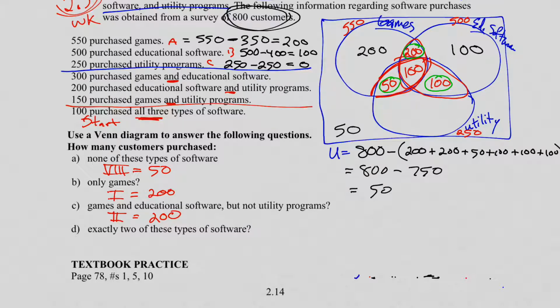Those are exactly 2 between those 3. So we have region 2 plus region 4 plus region 6, and that is 200 plus 50 plus 100, which is 350. Okay, 350.